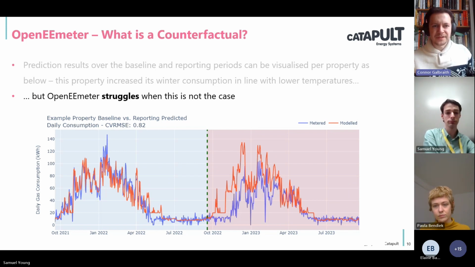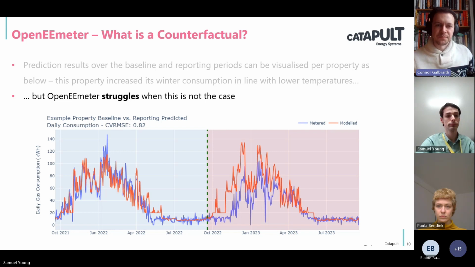We've seen that when the property doesn't behave as the model expects it to in the face of the temperatures that it sees, you end up with a counterfactual that fails to predict the actual consumption in the reporting period particularly well.